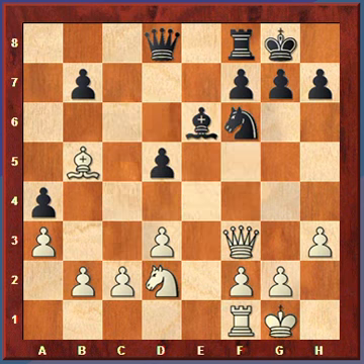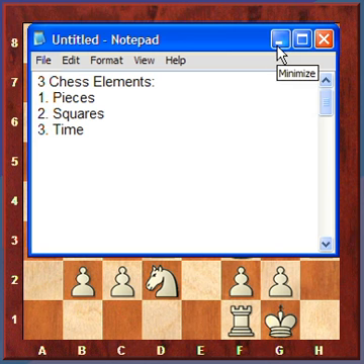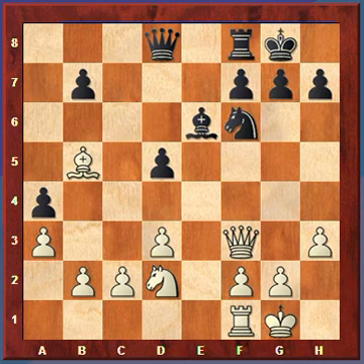So there's squares in chess, and then there's time. The reason time is important is because chess is what we can term a turn-based game, meaning white moves and then black moves, etc. Since it's a turn-based game, time is an element in chess.